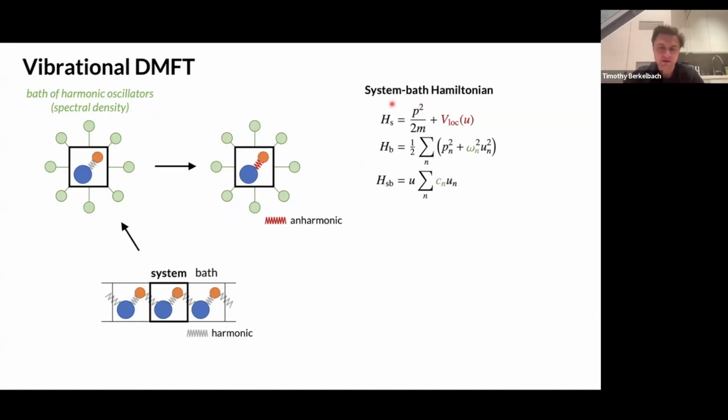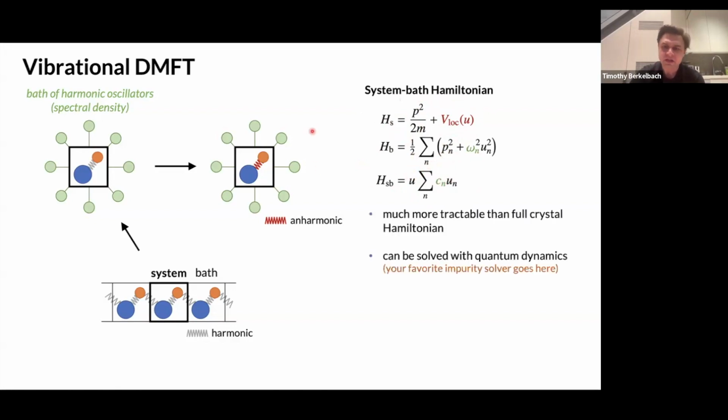So using somewhat schematic notation, I'll have a system part, which is the kinetic energy of all of the nuclei inside of my unit cell, and the fully anharmonic local potential energy surface. Then I'll have a bath of harmonic oscillators and bilinear coupling between the displacements of the atoms inside of my unit cell and the displacements of all of these fictitious harmonic oscillators.